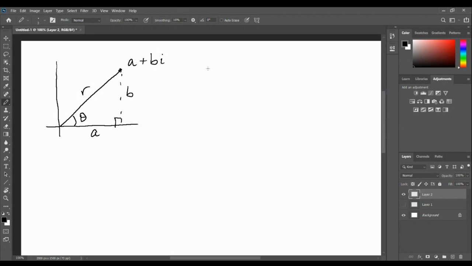And so I could say that cosine theta is adjacent over hypotenuse. I could say that sine of theta is opposite over hypotenuse, which means I could multiply both sides by r and so on. a would equal r cosine theta, and b would equal r sine theta.